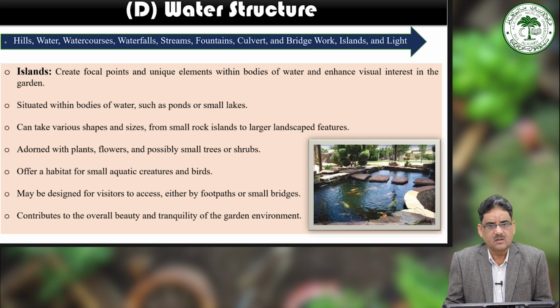They can take various shapes and sizes, from small rock islands to large landscape features. They are also adorned with plants, flowers and possibly small trees or shrubs. Usually, they draw attention and provide a sense of destination within the garden.